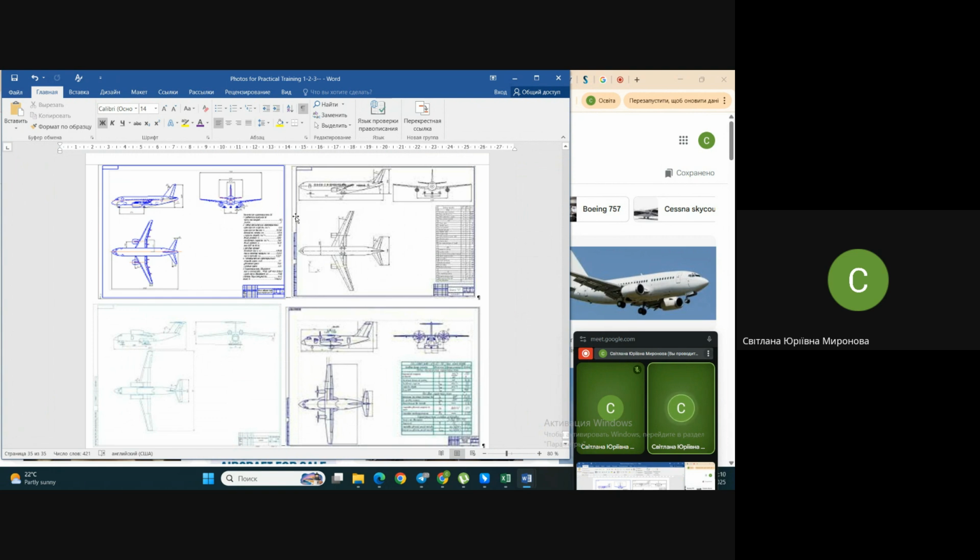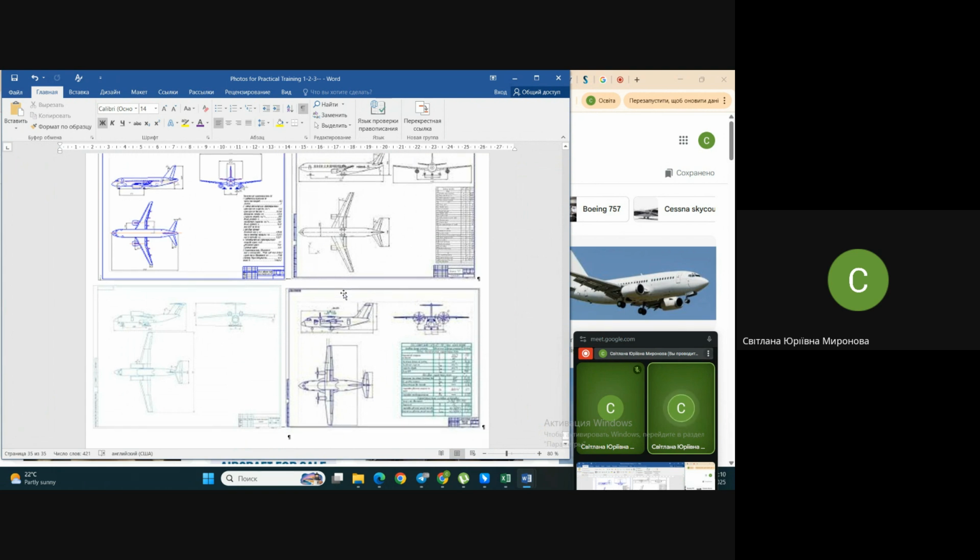They must be placed exactly in this position. The main view is a view to the left board, as if it's flying or running to the left. Next, at the top place, the view from the top of the airplane, and on the left place, the left view, so called. It should be the front, the face of the airplane.